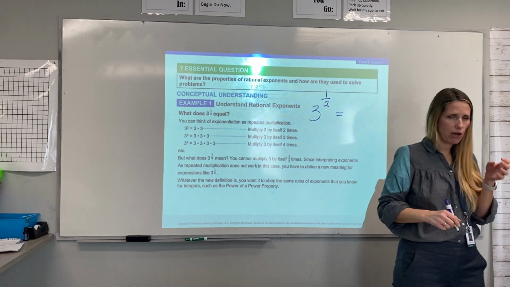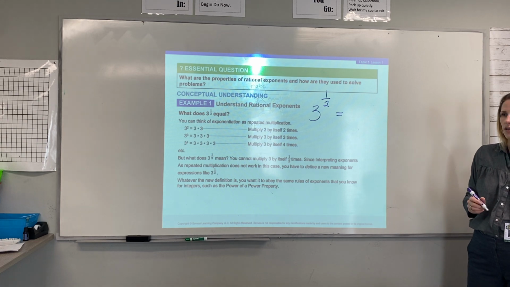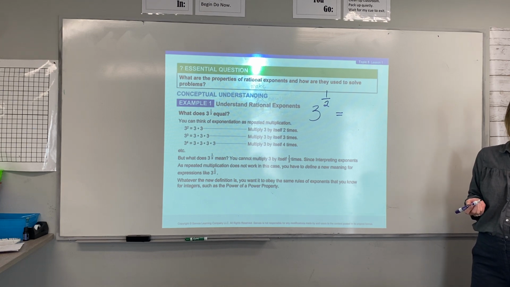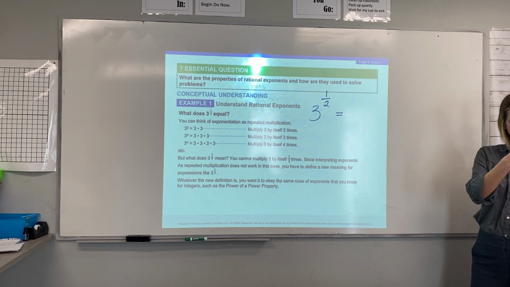What do I mean by a radical? Oh, like a radical sign. Yeah, what's a radical sign? It's like the line and the house thing. Can I draw it? It's the V and then it goes up and then it goes across.